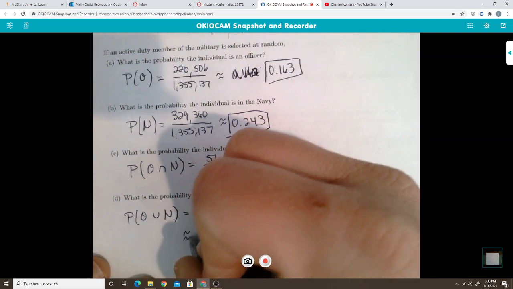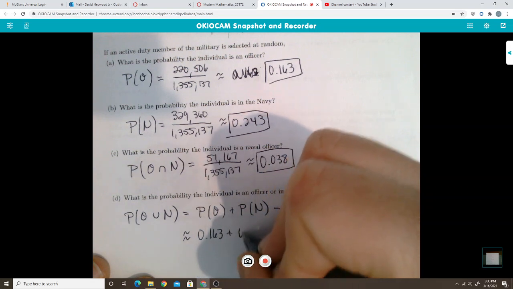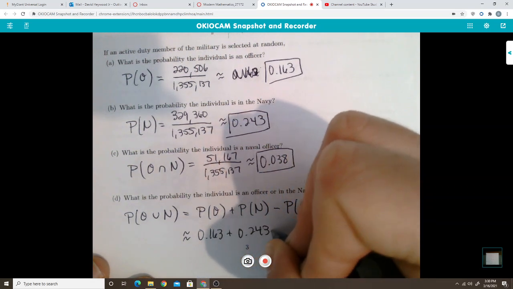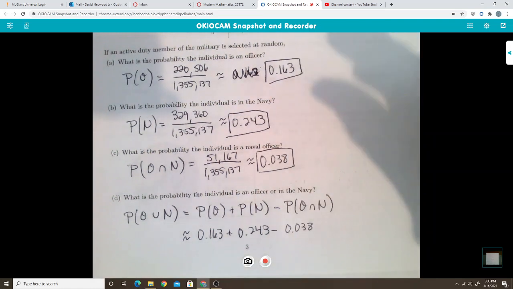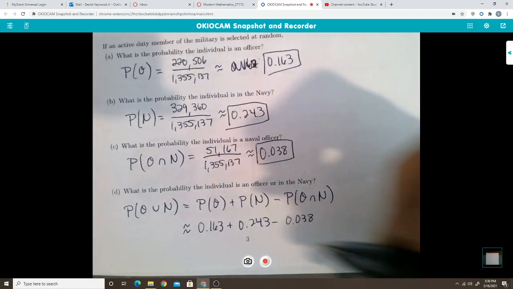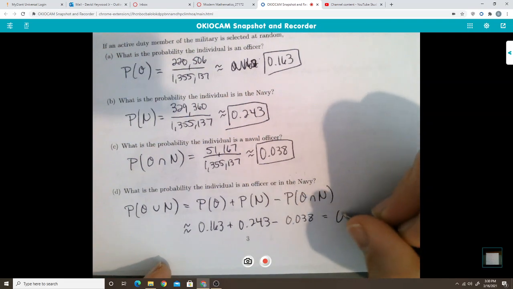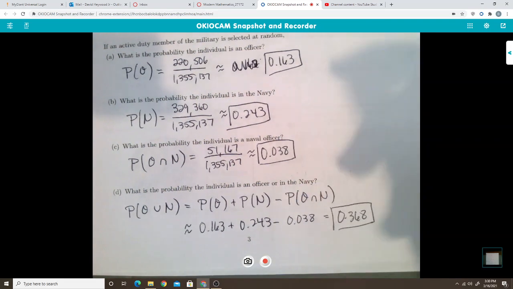So I'm going to say this is approximately 0.163 plus 0.243 minus 0.038. And that comes out to 0.368.